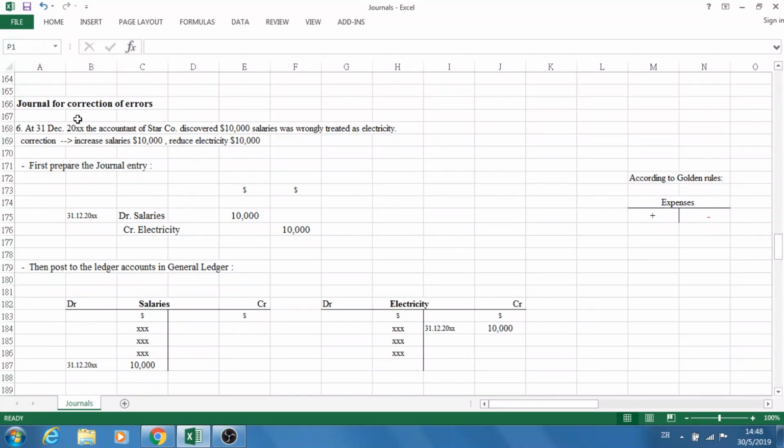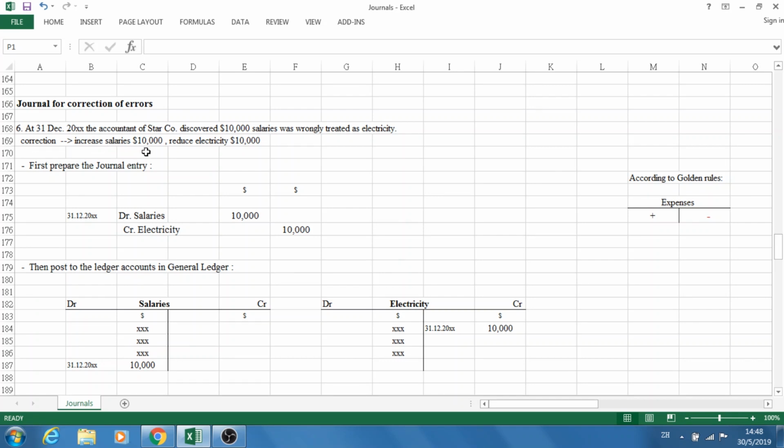Journal for correction of errors. Example 6. At 31st December year 2000, the accountant of Star Company discovered 10,000 salaries was wrongly treated as electricity. So correction is required.